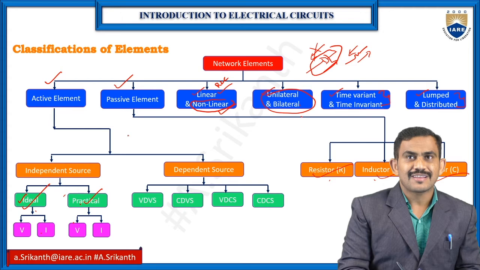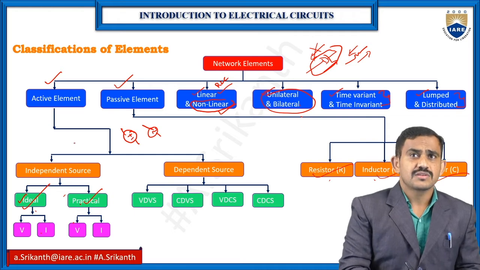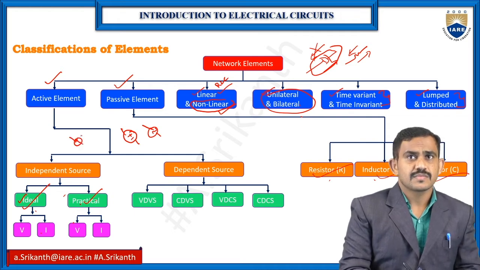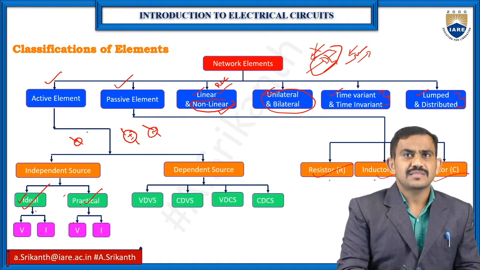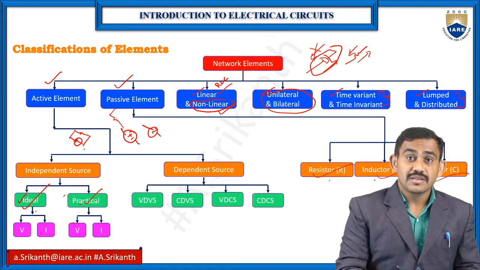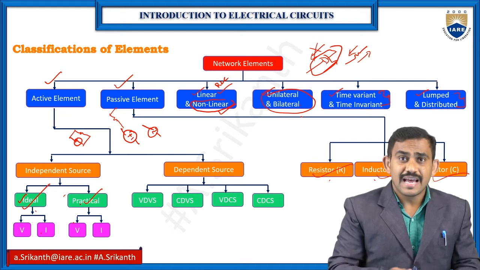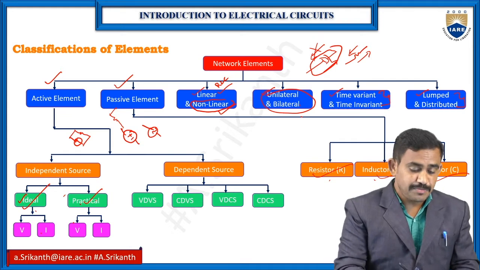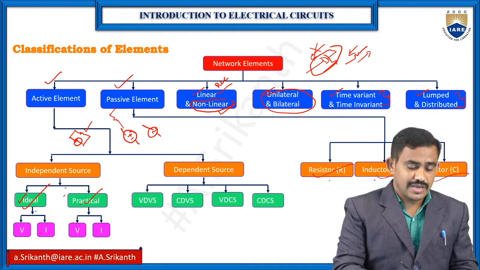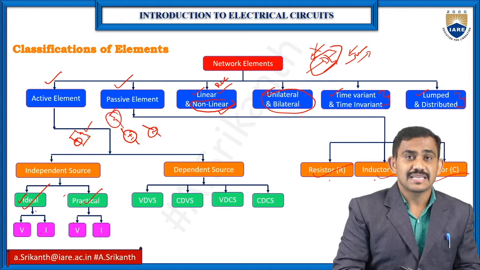For voltage source we have positive and negative signs, for DC and AC a sine wave, and for current source a direction. For a practical current source, the internal resistance is in parallel with the source. For a voltage source, it is in series with the internal resistance.